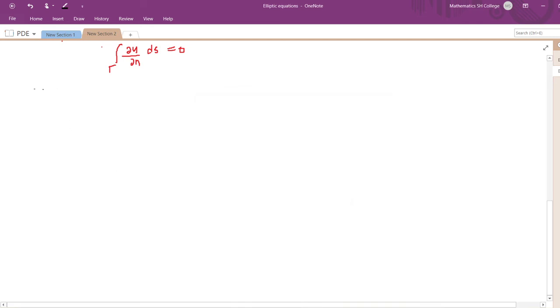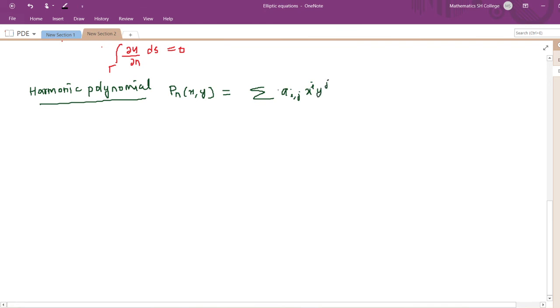We define a harmonic polynomial of degree n to be a harmonic function Pn(x,y) of this form: Pn(x,y) = summation a_ij x^i y^j, with 0 ≤ i+j ≤ n.